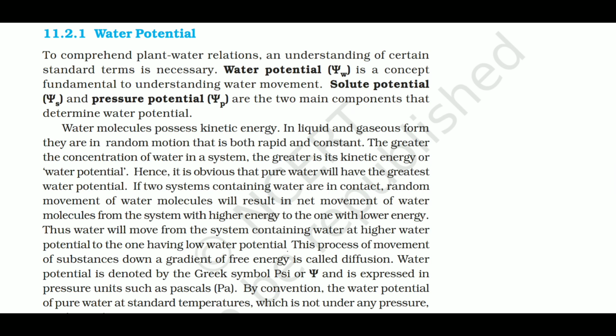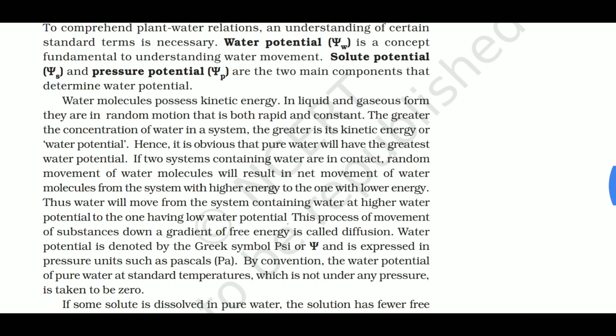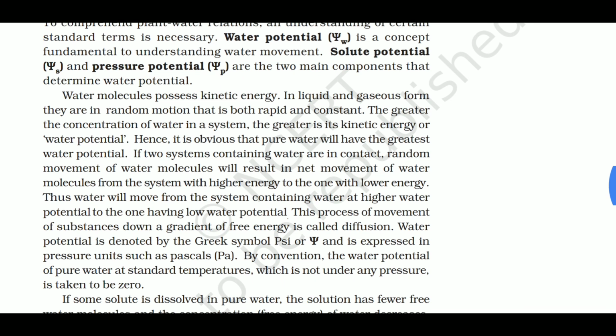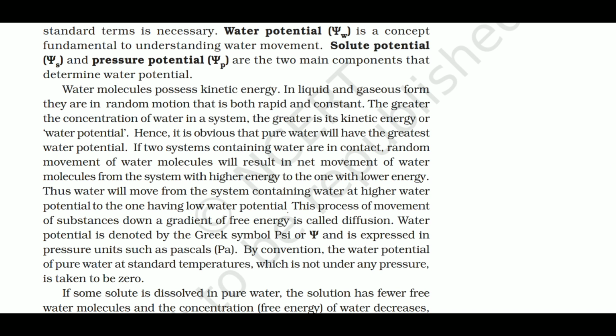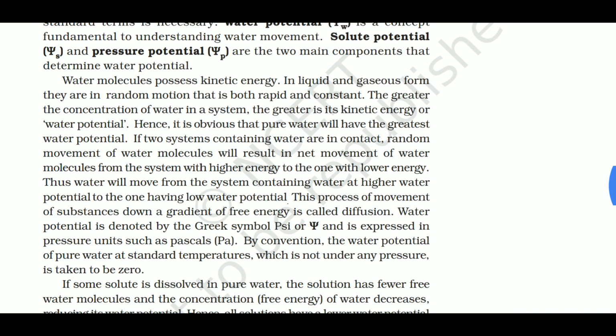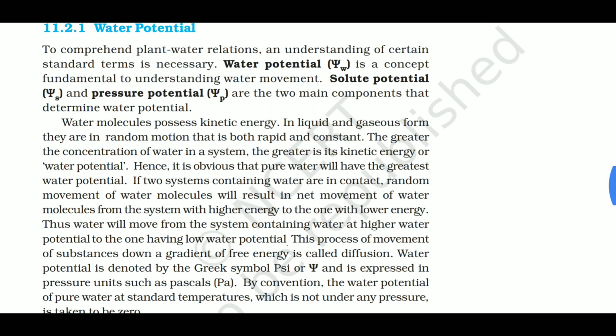Potential means the energy present in the water. We have solute potential, psi S, and pressure potential, psi P, which are the two main concepts that determine the water potential. So it is very important to know about solute potential and pressure potential.